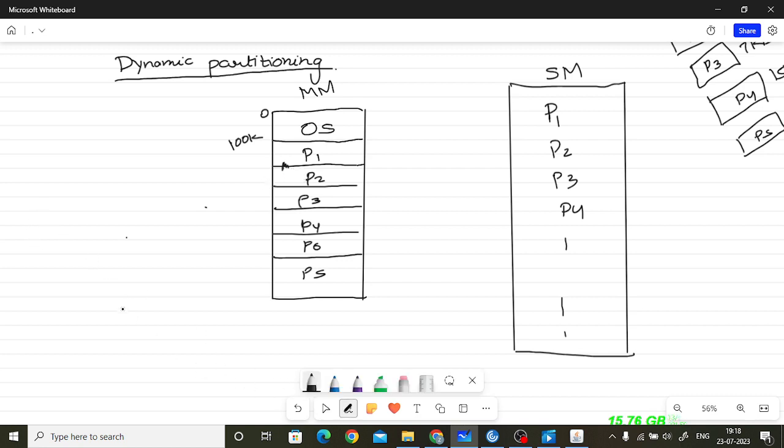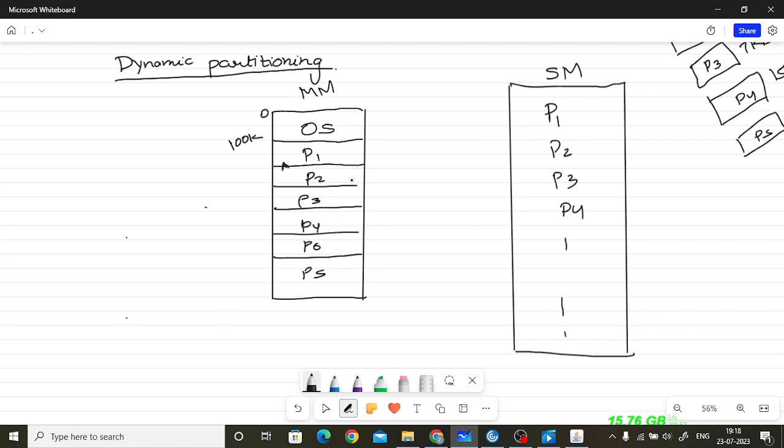It's an advantage that we do not have internal fragmentation, and we do not need to divide our main memory into fixed size partitions. And do we have external fragmentation in this? The answer is yes. How can we have external fragmentation?